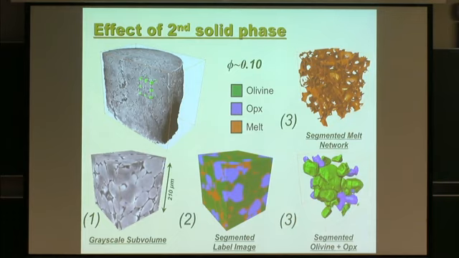One thing you realize is that in the X-ray image, the denser phase is always brighter, opposite to the SEM image that Dave shows. So our olivine is a brighter, lighter gray, the OPX is darker gray, and the melt appears more black. If we had a pore, which I didn't show in this case, it would be really, really black. Okay?